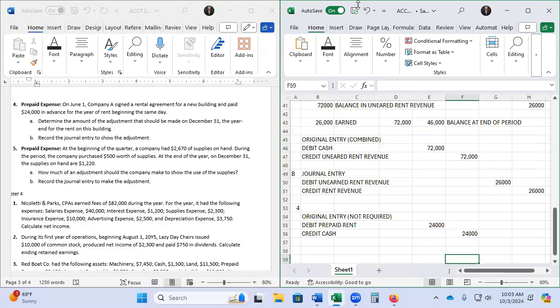And so they're asking, determine the amount of the adjustment that should be made on December 31st. So we have 24,000 and we started incurring rent on June 1. So that's 7 months of rent.